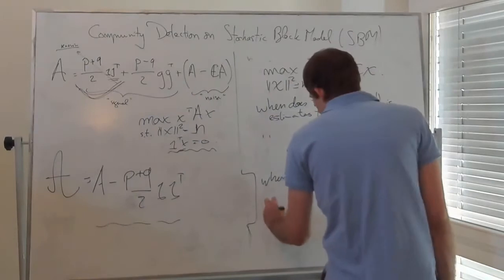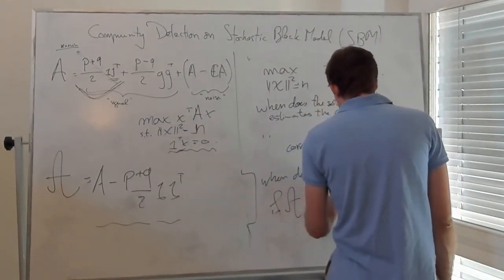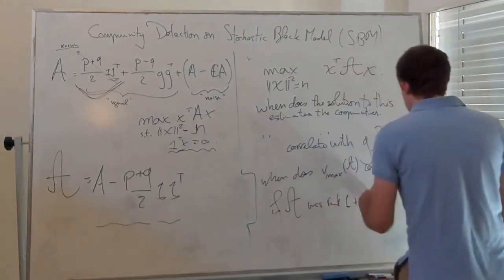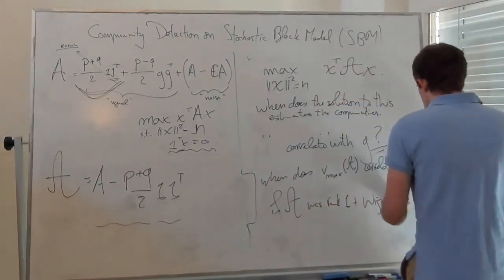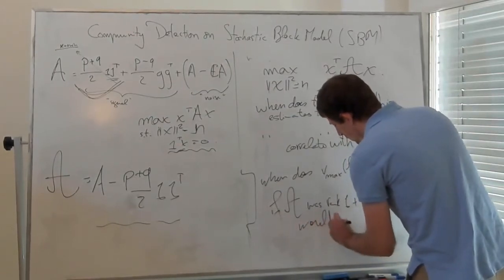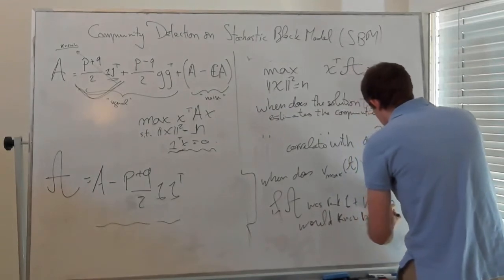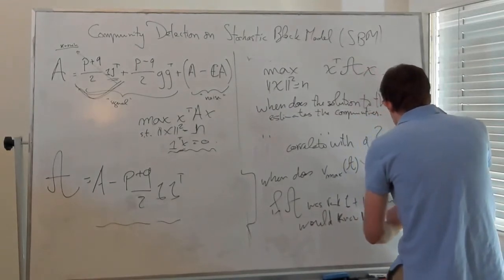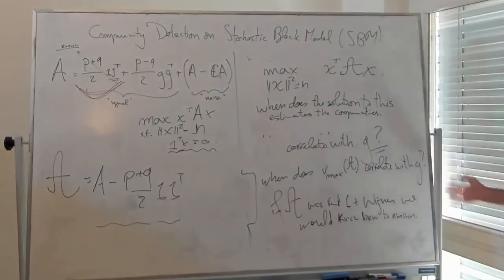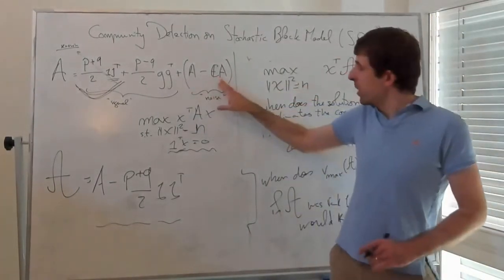So if A was rank-1 plus Wigner, we would know how to answer. But it's not. A is rank-1 plus a random matrix that's not Wigner.